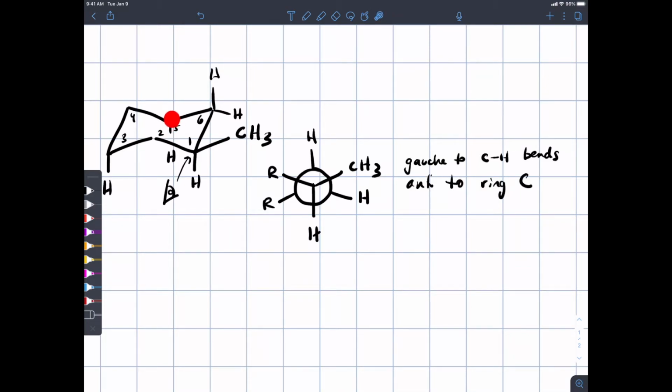I'm abbreviating this group here, carbon 5, as R. But, oh wait, I did that wrong. In the back is carbon 5, in the front is carbon 2. But do you see that the methyl group is anti to the ring?